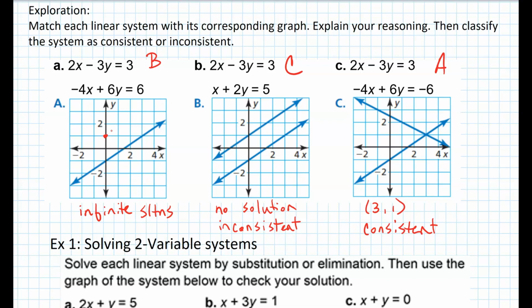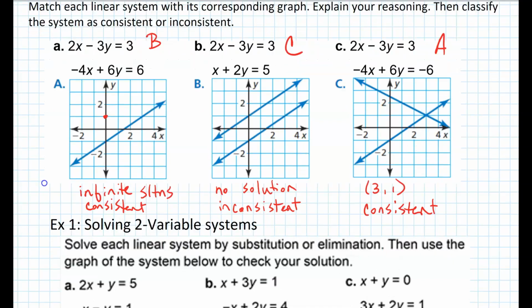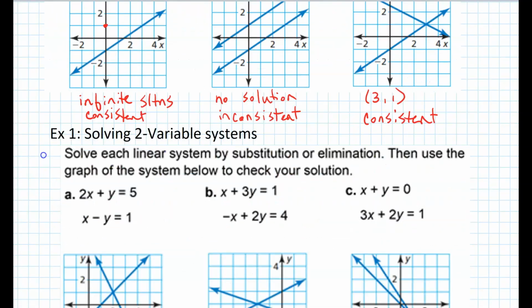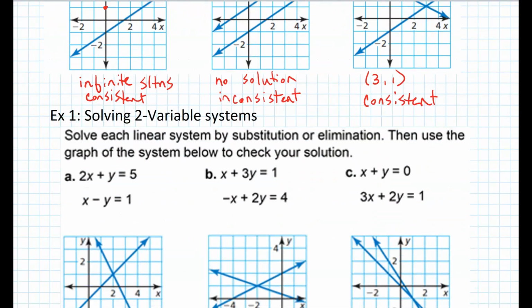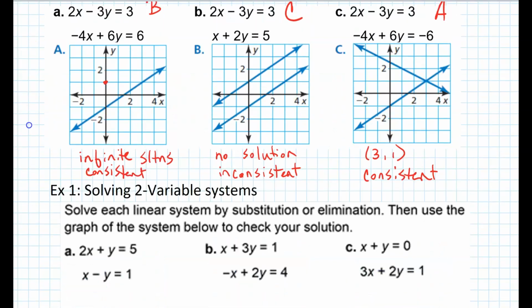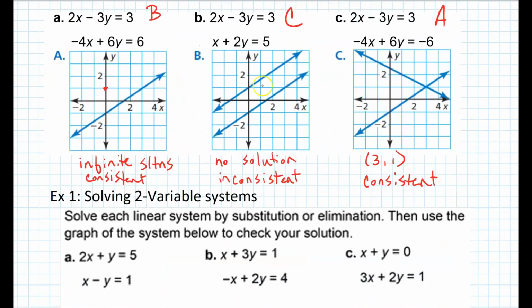Is that consistent? It's consistent. It's only inconsistent if there are no intersections anywhere. Yeah, if you can't get a solution. Okay. So let's look at, yes? I'm a little confused on how the inconsistent and no solution go together. Okay, well, it's because you can't get a solution for parallel lines.